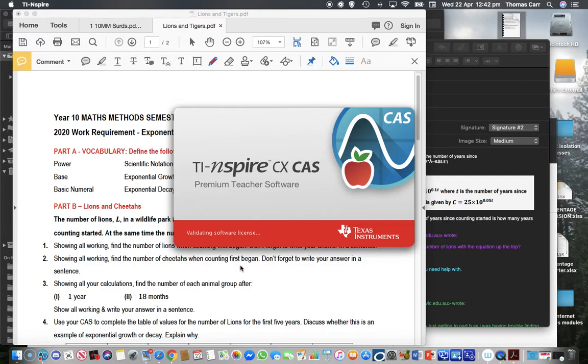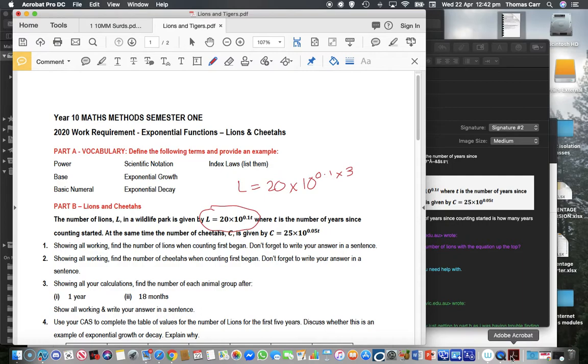So here we go. I'm going to open up the CAS calculator. And I'm going to look at the number of lions. This first part of the assignment, show all working, find the number of lions when counting first began.